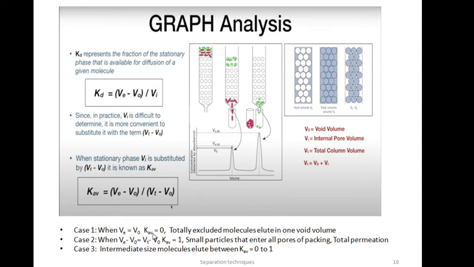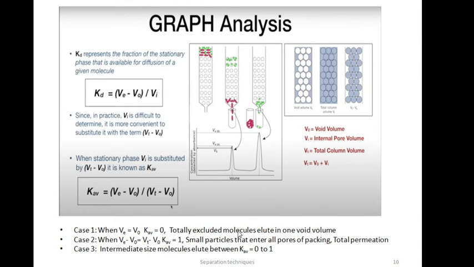Initially, when KAB is equal to 0, it is total exclusion. When KAB is equal to 1, it is total permeation. And anything in between 0 and 1 is called selective permeation. In that selective permeation, intermediate size molecules are going to elute.